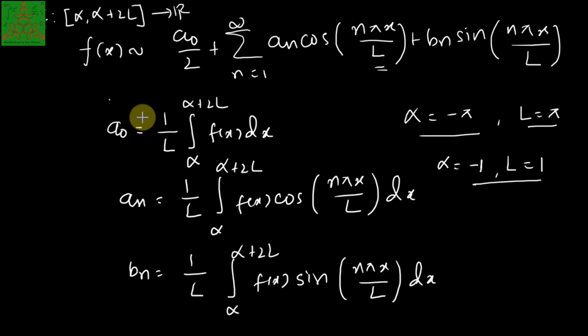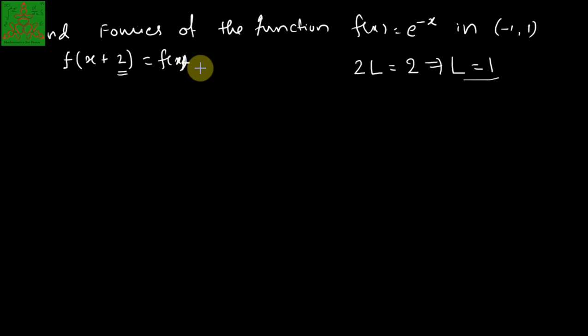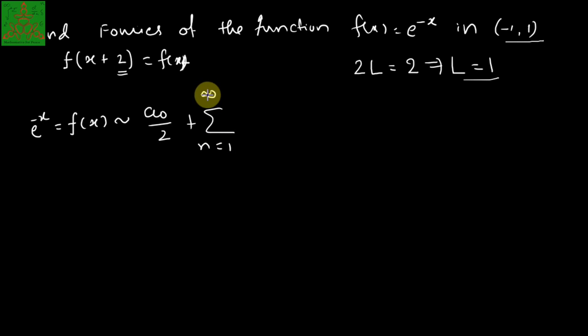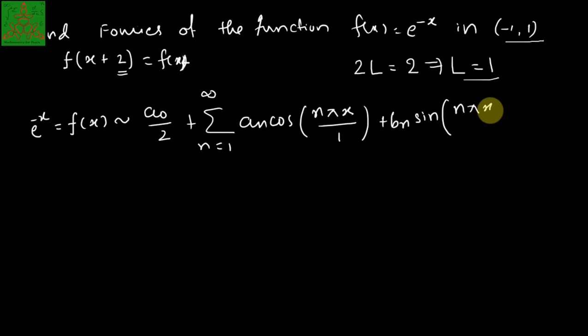So this whole quantity will be converted into the interval minus 1 to 1, and the Fourier series of the function f, which is e power minus x, can be represented as a0 by 2 plus summation n running from 1 to infinity of an cos n pi x upon 1 plus bn sin n pi x upon 1, where we need to calculate a0, an and bn, which are the Fourier coefficients.